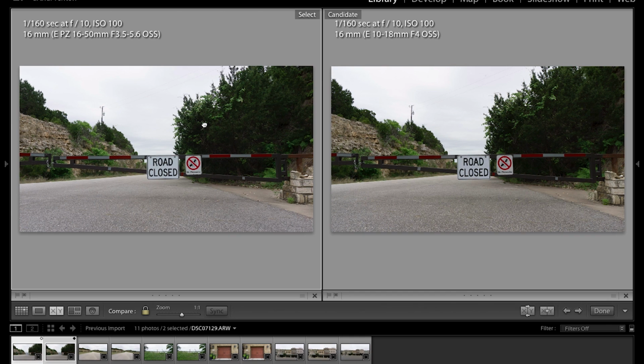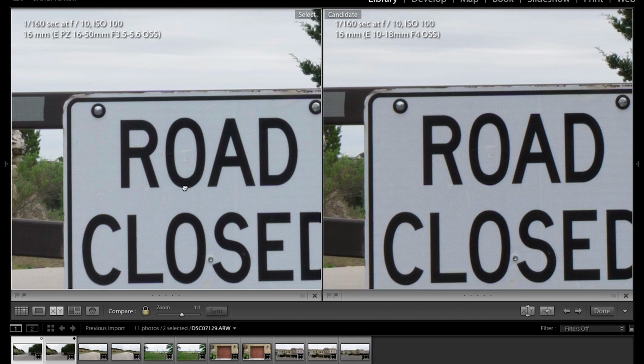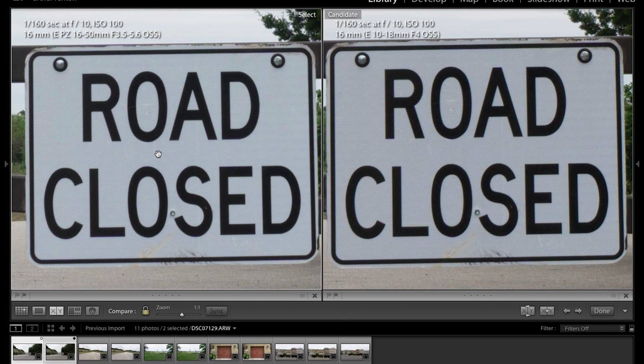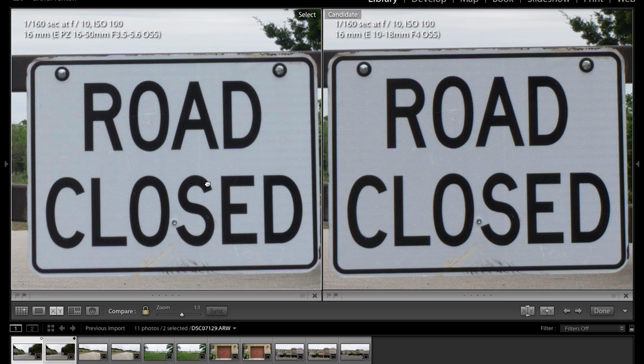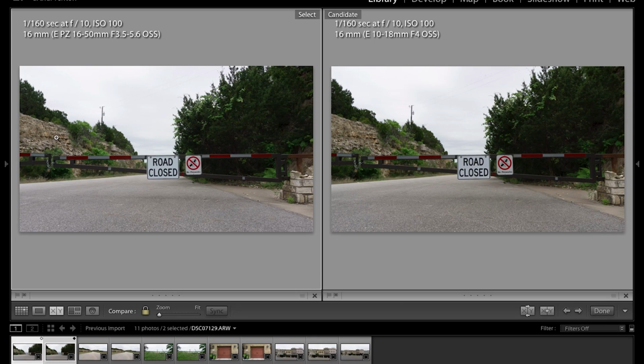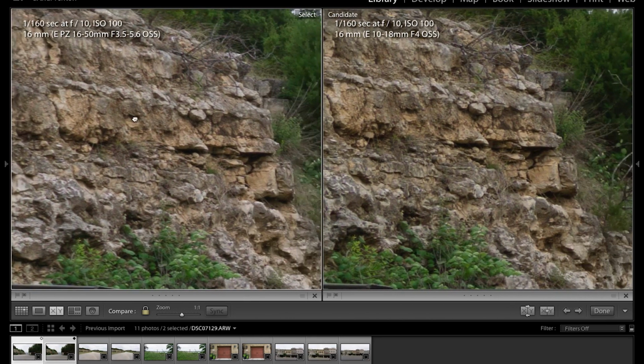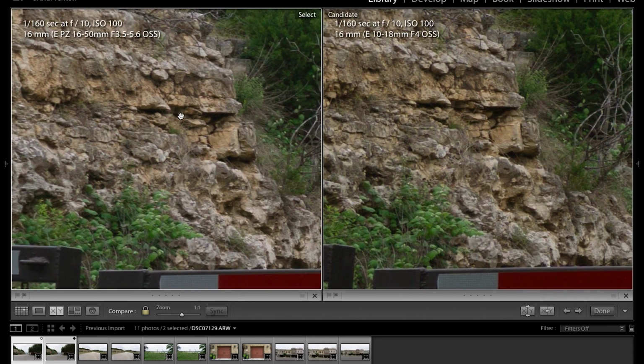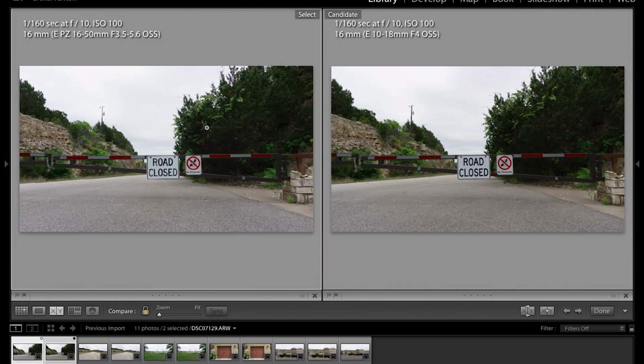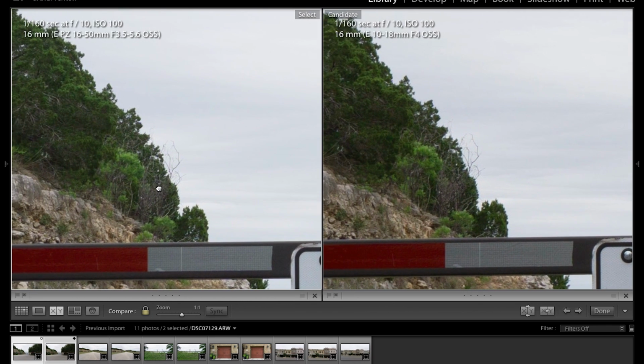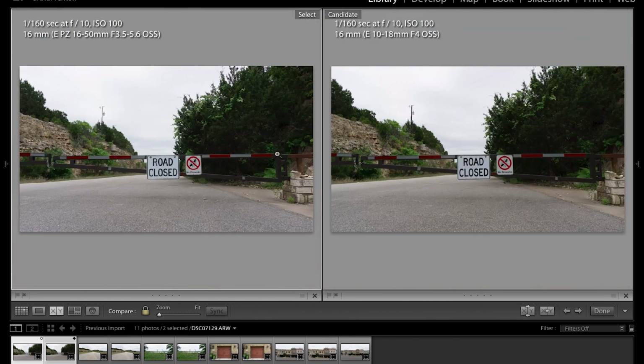So let's take a look at this first shot. And these are both shot in RAW, I believe. Yep. The 18 looks a little bit sharper maybe, but it's very close. Rocks over here. Very close. There's a little bit more contrast with the 10-18, so I do like that.